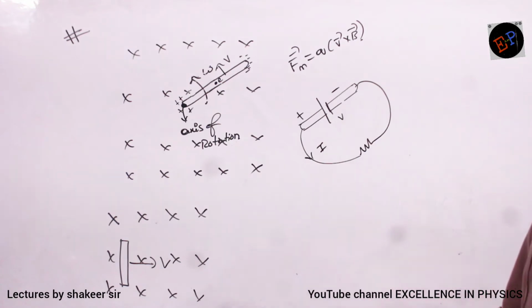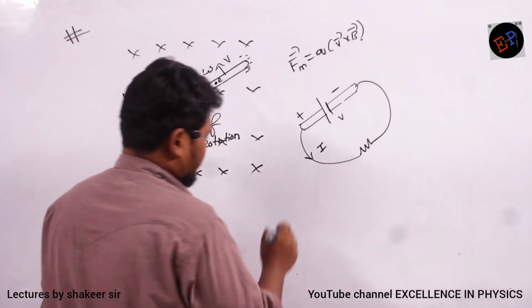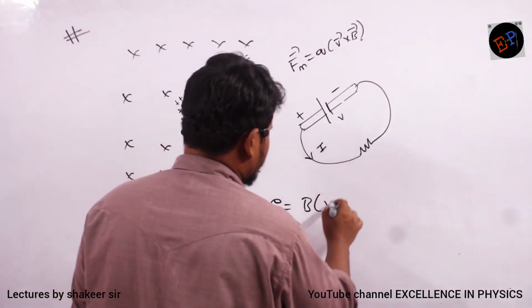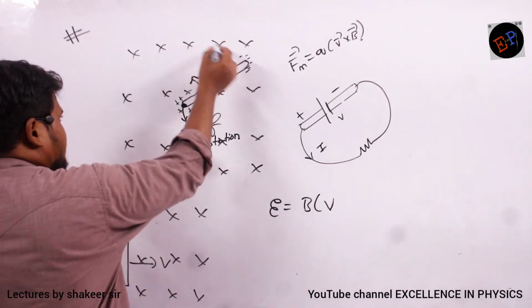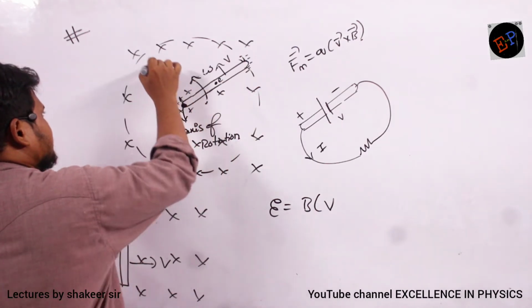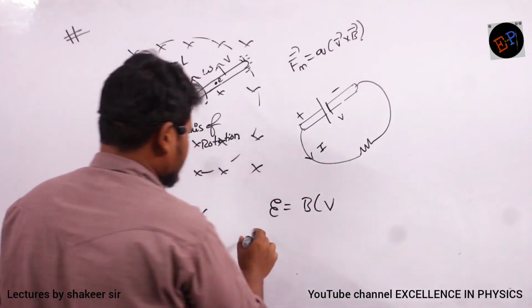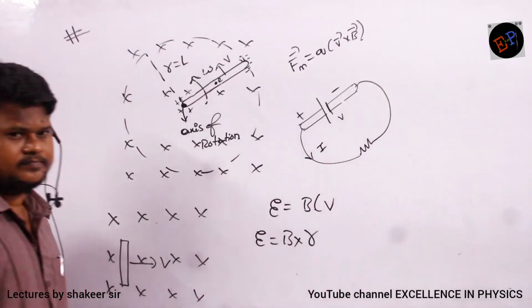So direction of EMF we have understood. Now I want an equation of EMF. See how I can calculate. When conductor cuts the flux, motional EMF is given by BLv, we know. Now because it is moving in a circle of radius r, what is its radius? Radius is nothing but the length of this conductor, no? So E can be written as B into, instead of length of the conductor, I can write r.